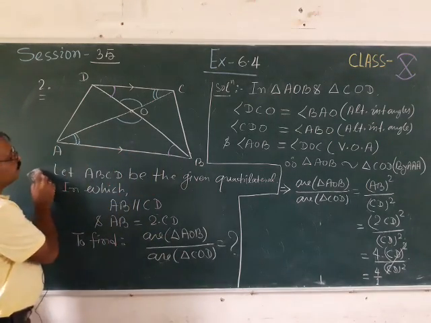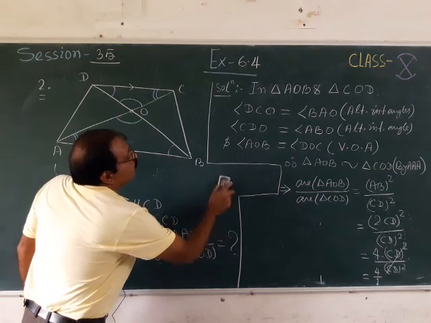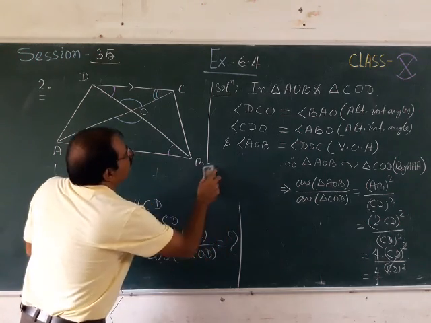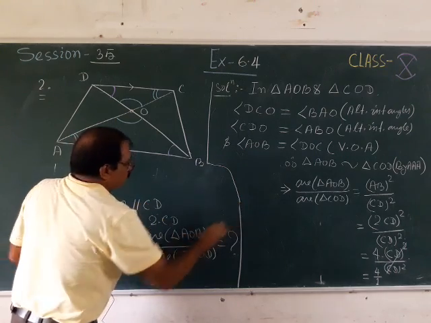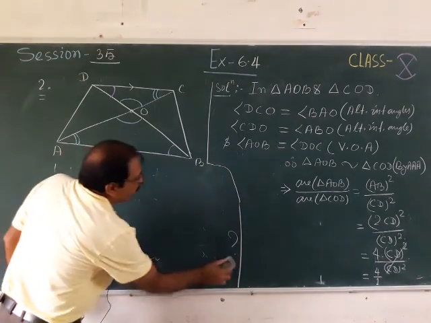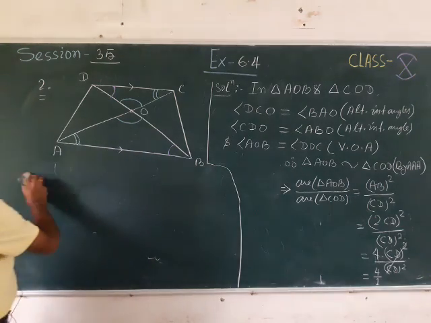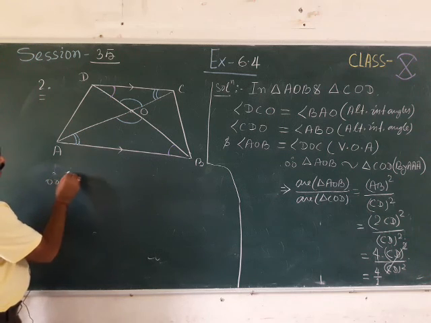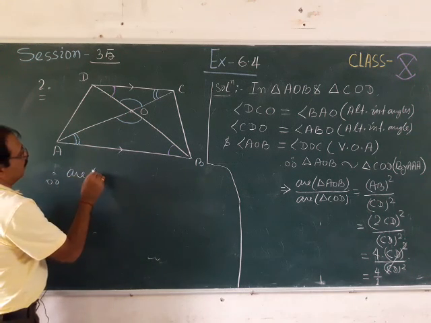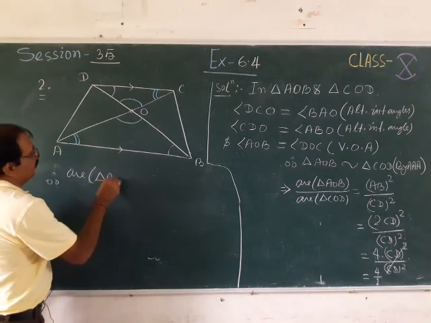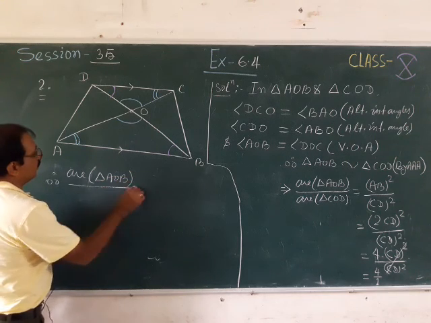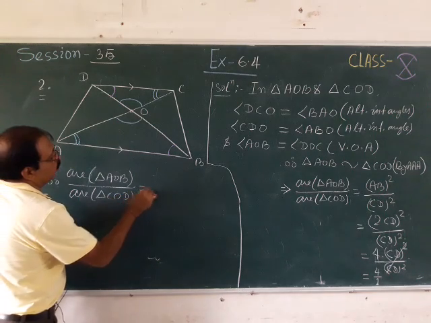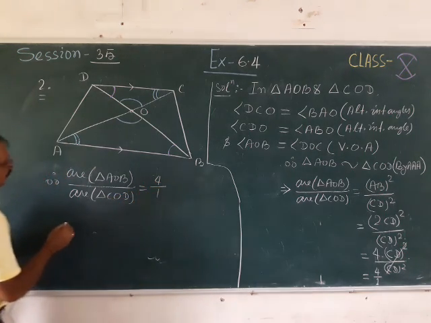This part I am cleaning so that I can write the remaining answer over there. So the remaining steps I am going to write there. Here what you need to write? Therefore I can write area of triangle AOB upon area of triangle COD is equal to 4 upon 1.